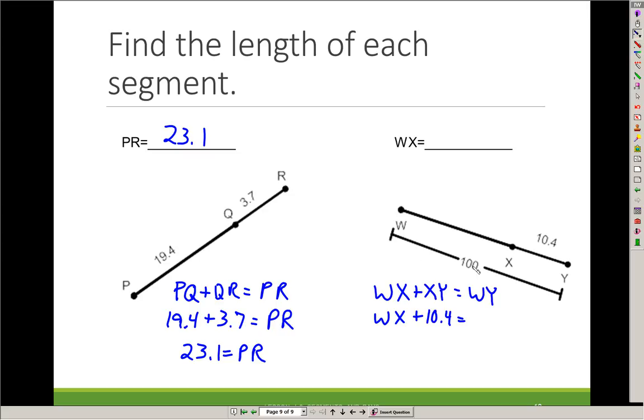And the measure of segment WY is 100. We'll subtract 10.4 from each side so we can get WX by itself. And WX is equal to 89.6. The parts add up to equal the whole thing.